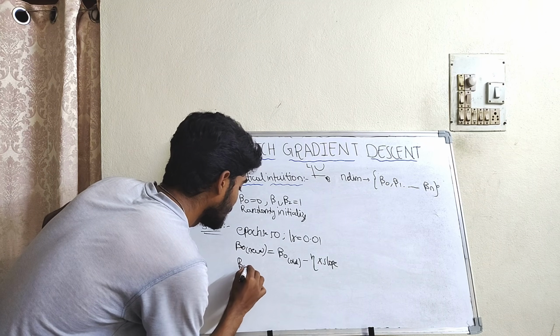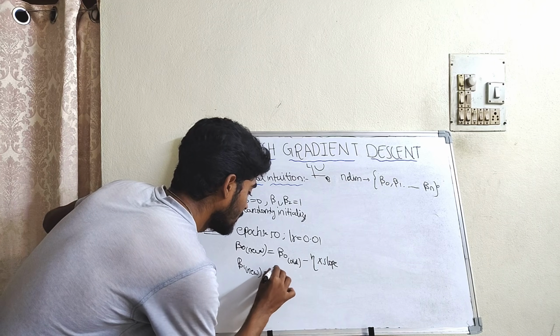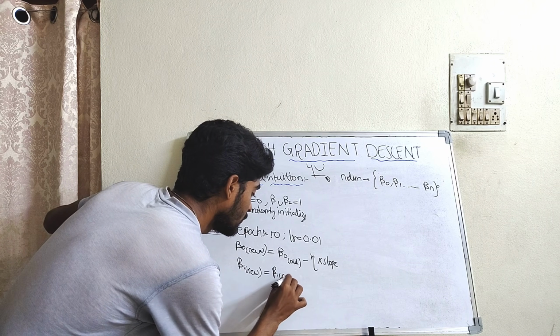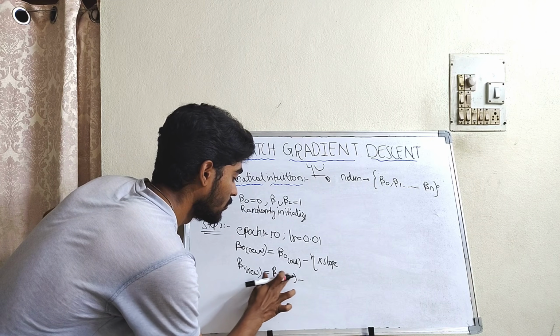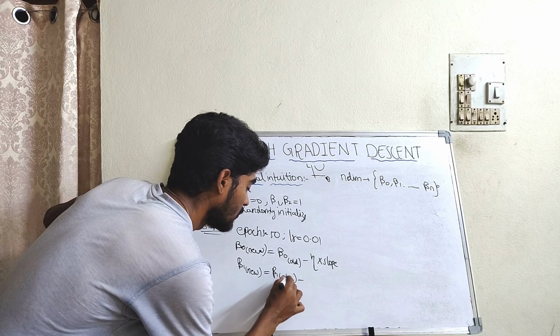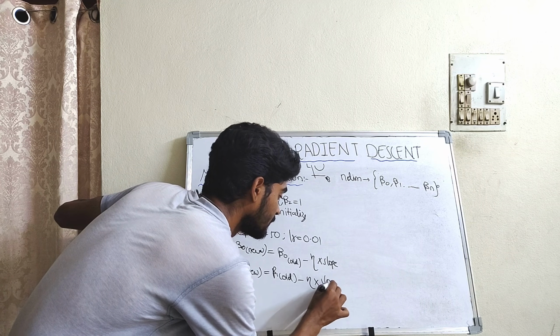Similarly, for calculating the updated beta 1, beta 1 new is equal to beta 1 old minus learning rate times slope.